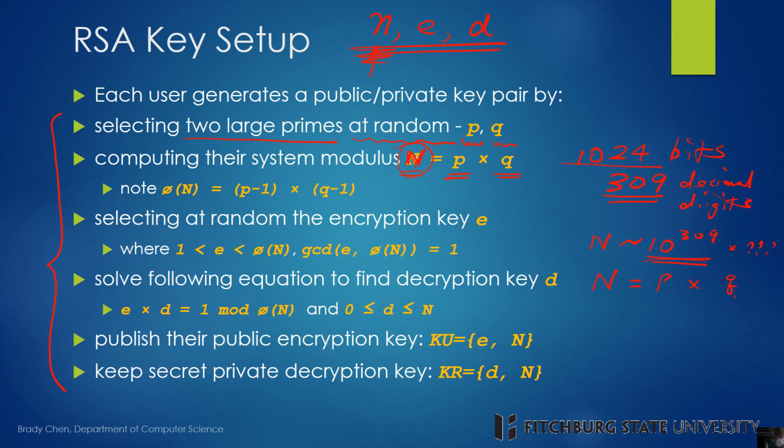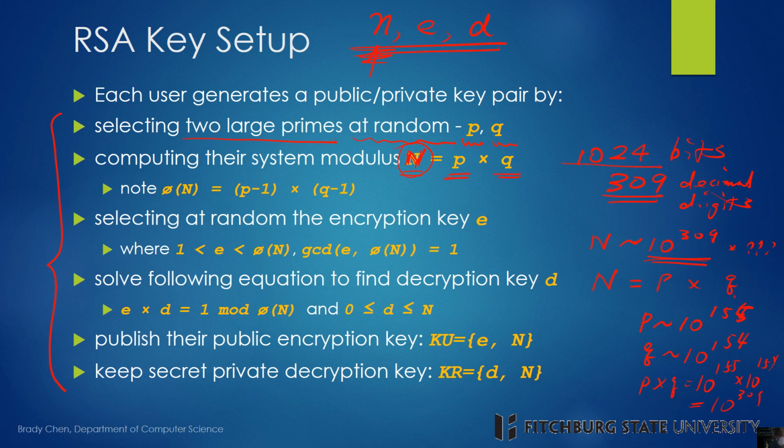Now, what are P and Q? P should be at least about 10 to the 154, and Q should be about 10 to the 154, or maybe we can make one a little bit bigger, 10 to the 155. So P times Q becomes 10 to the 155 times 10 to the 154. That makes about 10 to the 309.